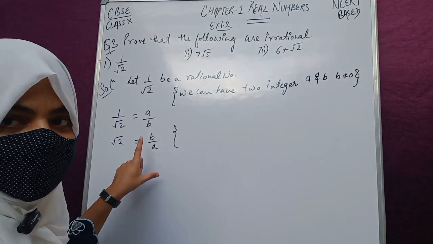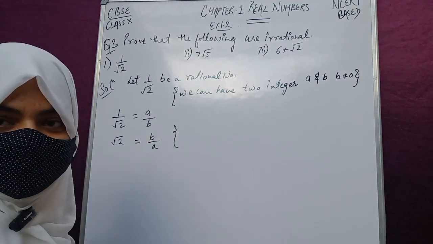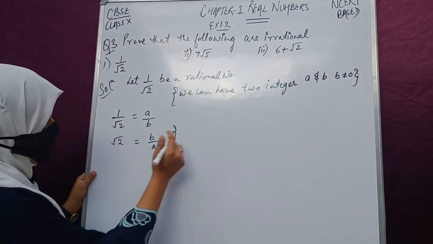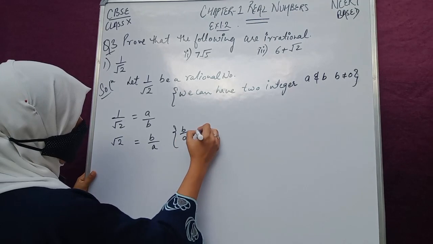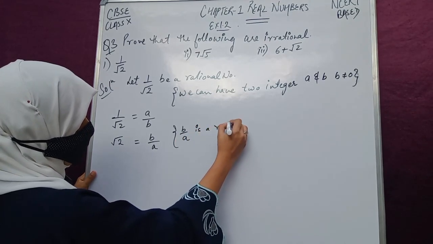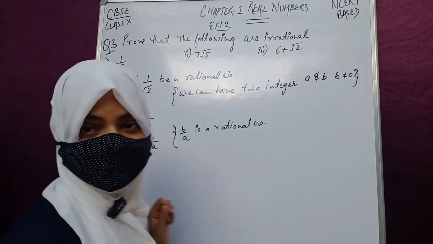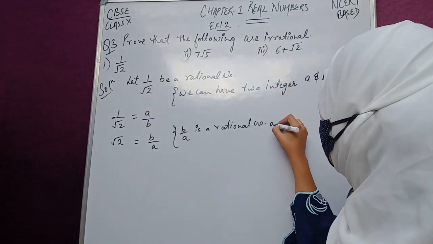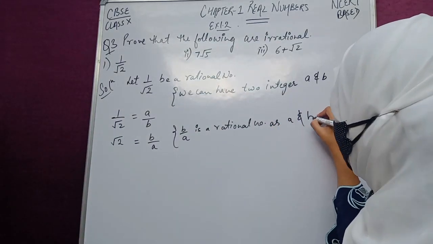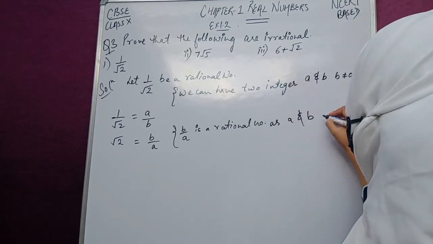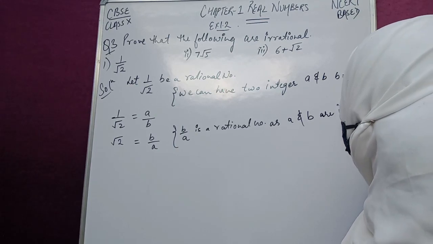Now you have understood this. So we can say b upon a is a rational number, as a and b, whatever the variables you are taking, are integers.